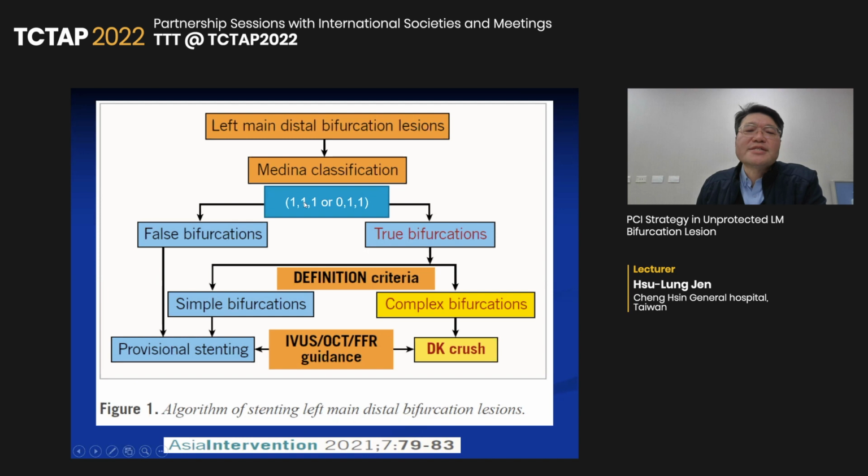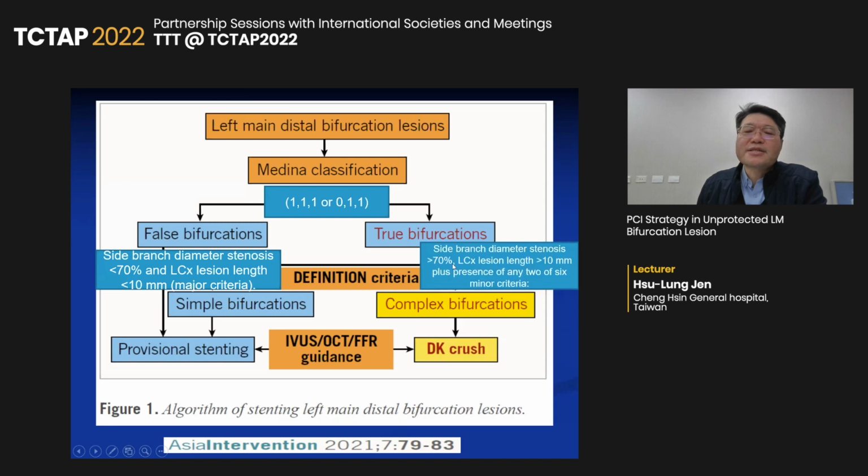If it is not a true bifurcation, then maybe we can use the provisional stenting technique. Then we can use the DEFINITION criteria, such as side branch diameter stenosis less than 60% and lesion length less than 10 millimeters. It's a simple bifurcation, and you can just use the provisional stenting technique.